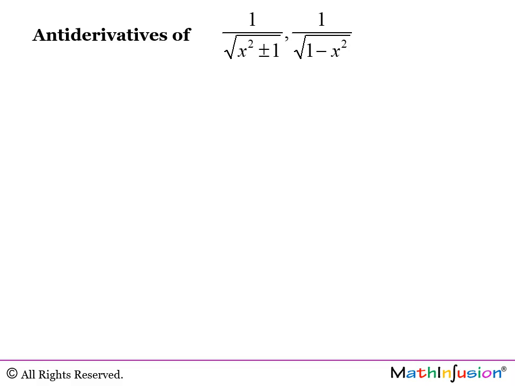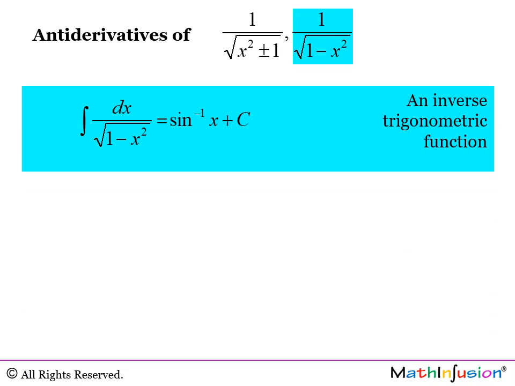Now let's look at the antiderivative of those two forms. The integral of dx over square root of 1 minus x to the power of 2 is the inverse sine x plus c.